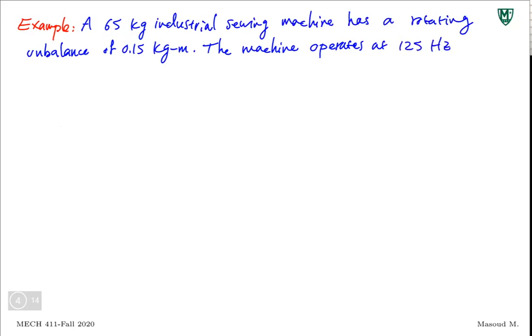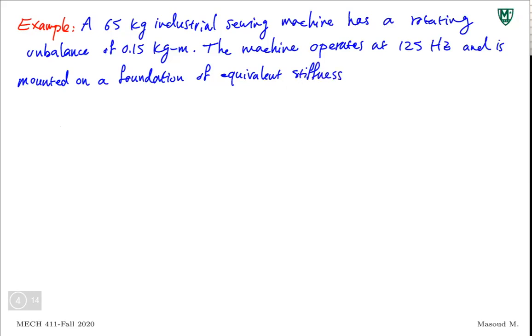That's the frequency of operation for this machine, and it is mounted on a foundation of equivalent stiffness, and that stiffness is given as 2 times 10 to the 6 Newton per meter, and a damping ratio of 0.12.